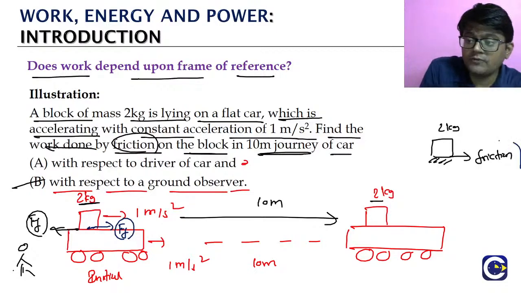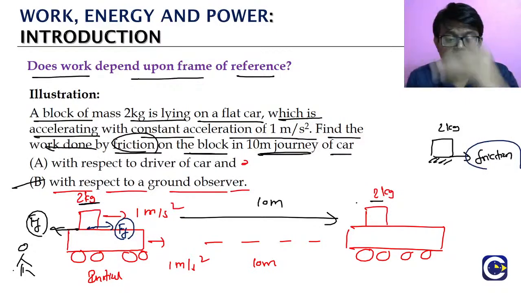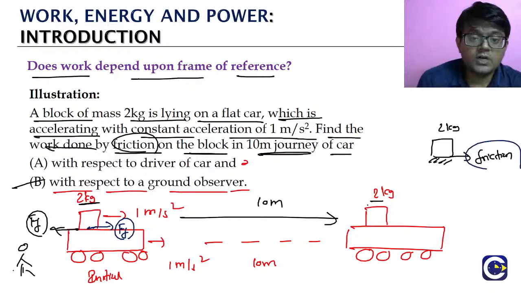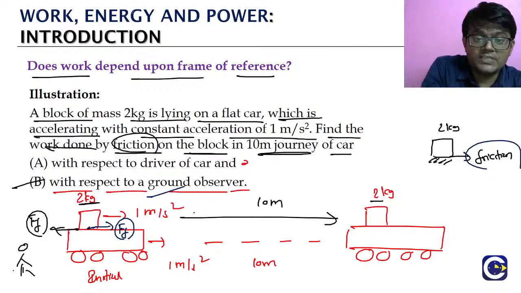So the only horizontal force acting on the 2 kg block is friction. Because of the friction only, the block is getting an acceleration of 1 meter per second square, right? Here they have not given us the coefficient of friction, etc. Then we have to think how we can get this frictional force value.